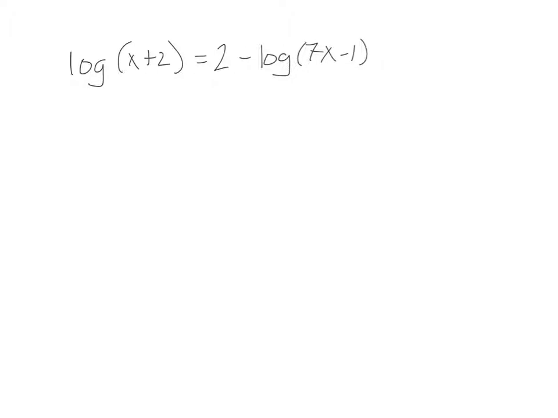And we're going to do base 10 logarithms because that's what we already have here. On the left, I already have just one logarithm, so I'm going to leave it like that. But I need to do something with this 2 minus log of 7x minus 1. I need to take that 2 and change it into a base 10 log.